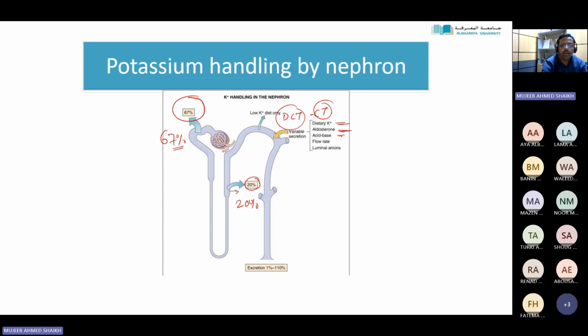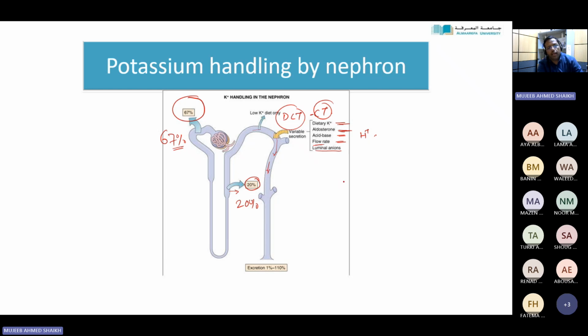Also, it depends upon acid-base balance, or you can say hydrogen ion concentration, which can change the amount of potassium secreted by the collecting tubule or distal convoluted tubule. Also, it depends upon the flow rate, the quantity of filtrate flowing per minute, and the amount of luminal anions, negative ions.